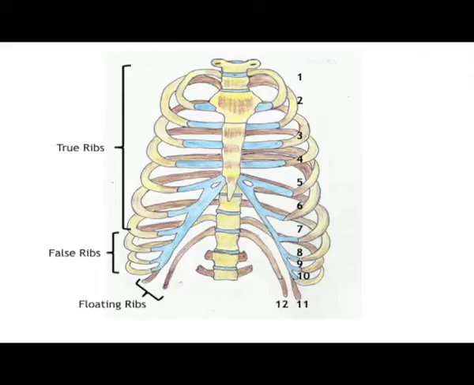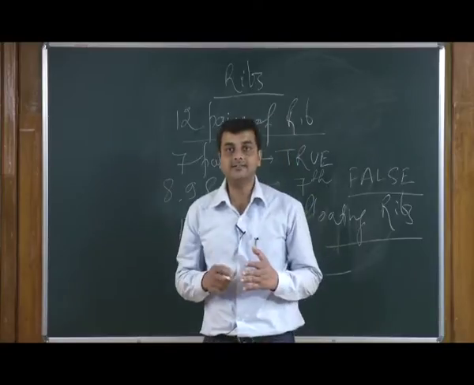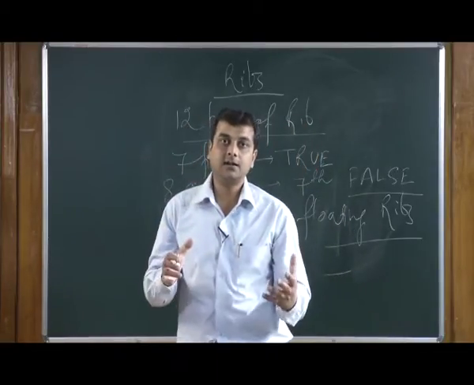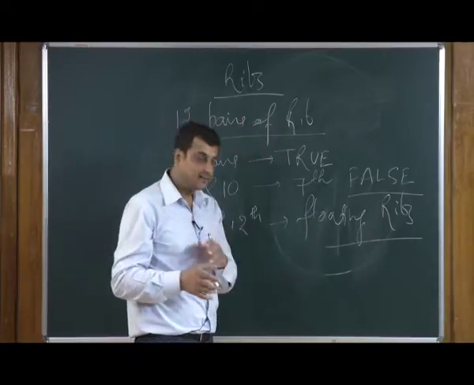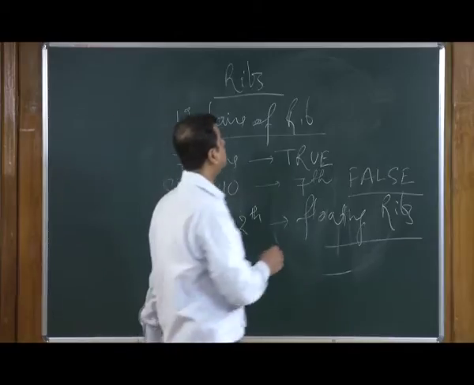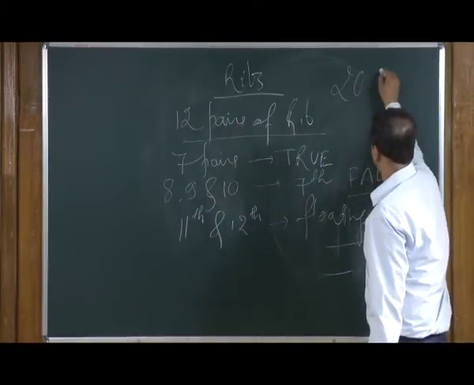So we now have a clear understanding of the vertebral column, ribs, sternum and skull. So the axial skeleton is over, and we have discussed earlier that we have a total of 206 bones in our body.